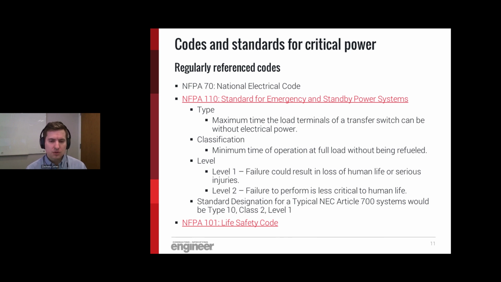The National Electrical Code contains requirements for generator emergency systems, again for both public and private facilities. For most generator applications, you'll be encountering Article 700, 701, or 702. That'll be the first place to start when you're looking at a mission critical facility. I'll break those down a little bit further in the next slide.